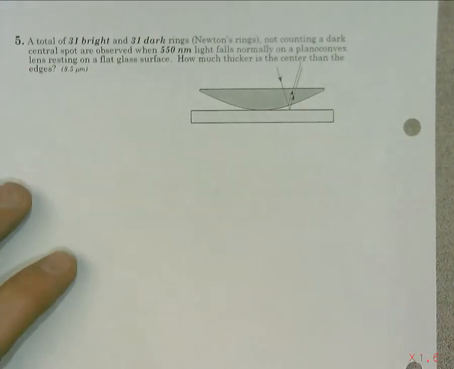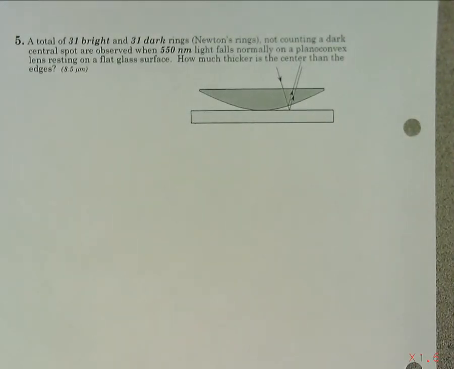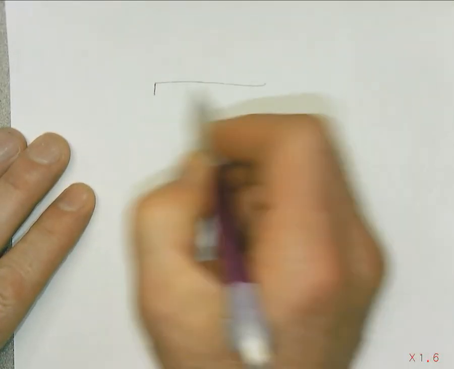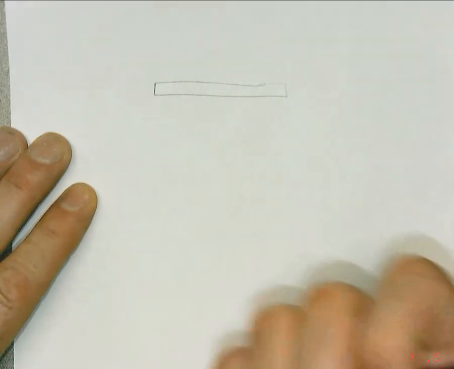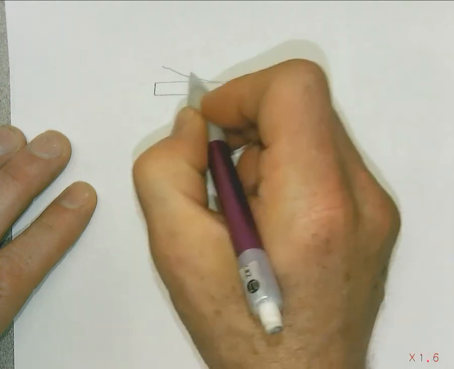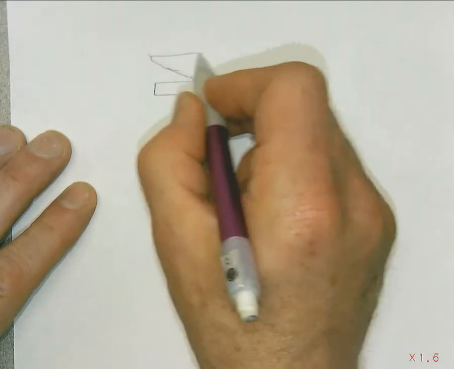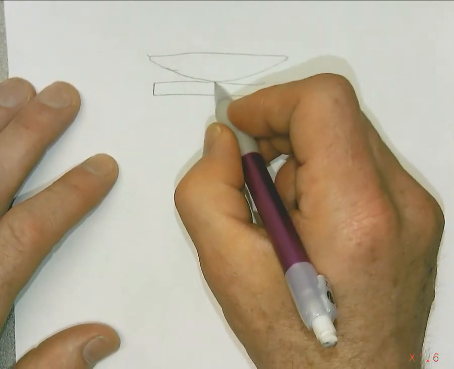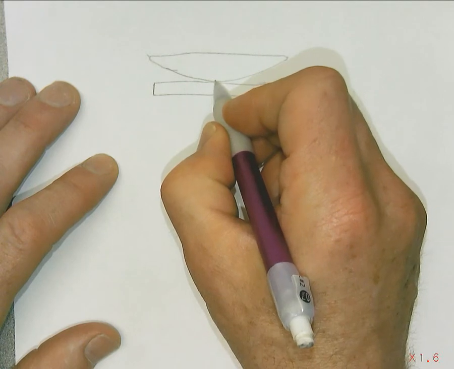All right, I am going to redraw that, and let's see if we can sort this out a little bit. So I have the glass platform, and the main thing I want to do is try and show the detail here. So nothing happens where it touches.